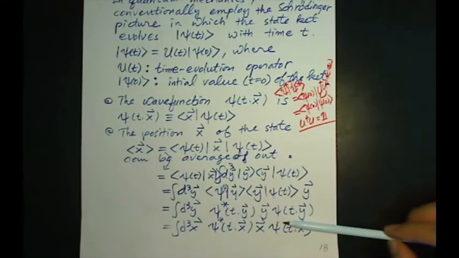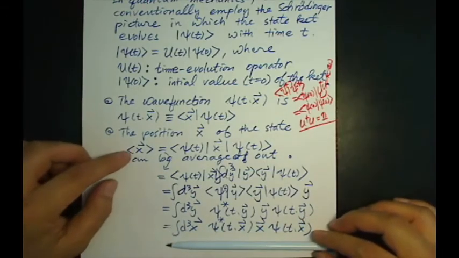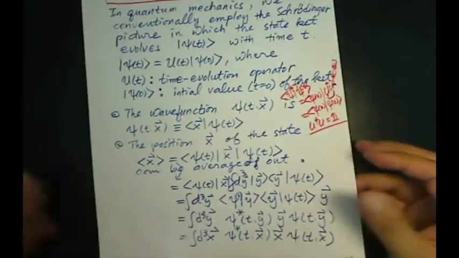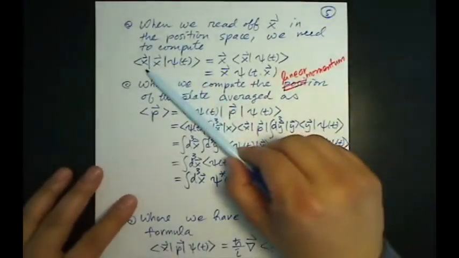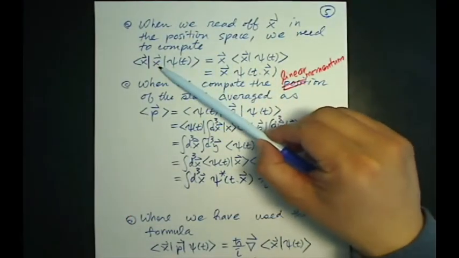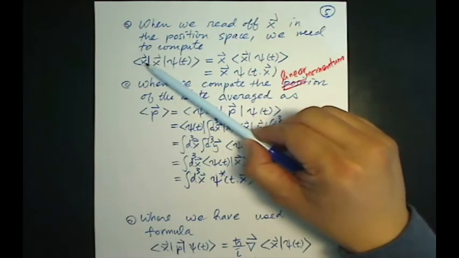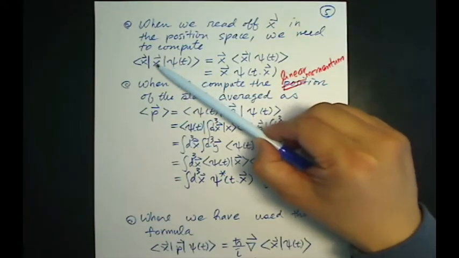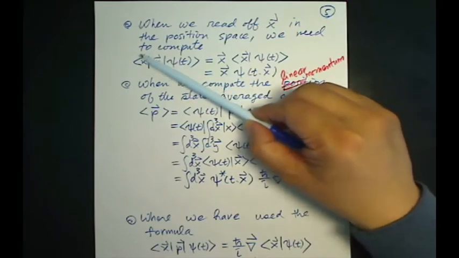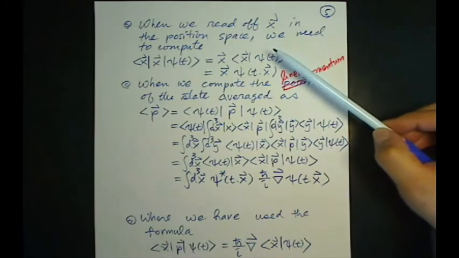Because y is an integral variable, we can always replace it with x. So the expression in x is expressed like that. In this calculation, we use that x is a real value, the eigenvalue for this x operator, for this x ket, x bra is x, and x star is x, the same.